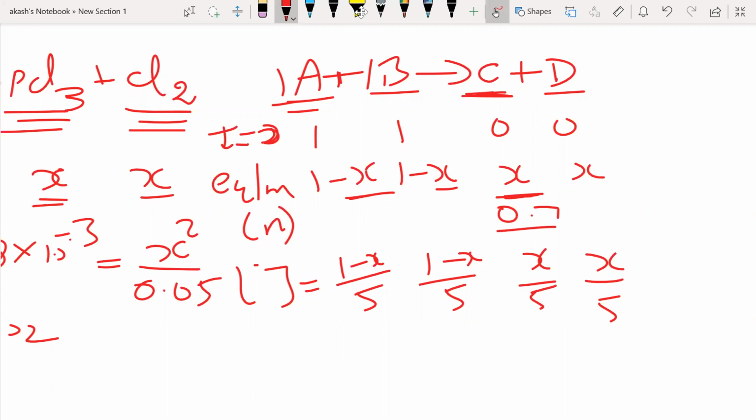So this will be 0.7, and this is also 0.7. And 1 minus X would be 1 minus 0.7, which is 0.3, so this will be 0.3. Now you can easily get the concentration values: 0.3 by 5, 0.3 by 5, 0.7 by 5, and 0.7 by 5. That would have been the answer for this question.